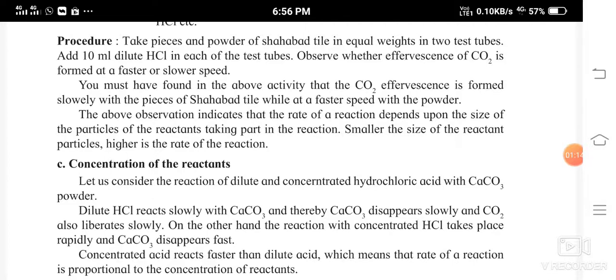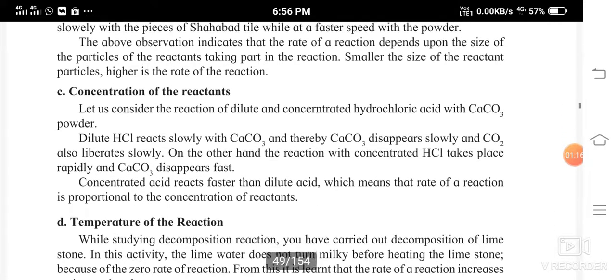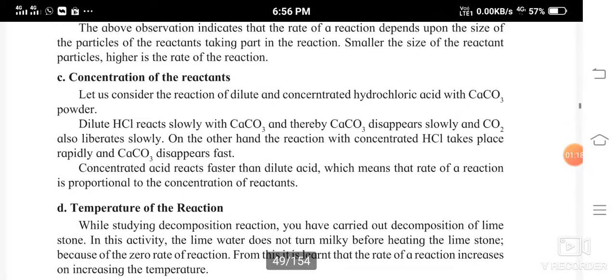Let us consider the reaction of dilute and concentrated hydrochloric acid with calcium carbonate powder. To understand this, we are going to consider the reaction of dilute and concentrated hydrochloric acid with calcium carbonate powder. So you're going to take calcium carbonate powder, and then we will see how it is going to react, first with dilute hydrochloric acid and then with concentrated hydrochloric acid.